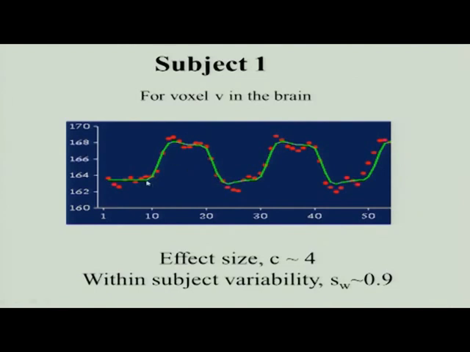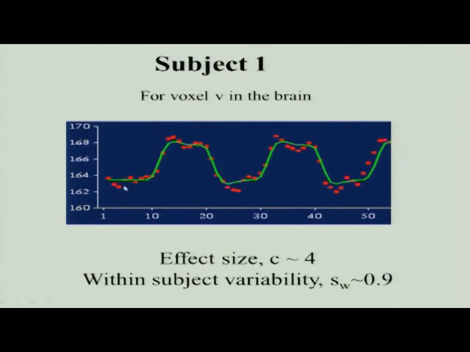We put all those effects together and you end up with this number, which is the within subject variability. Just looking at this particular subject, crudely you can think of that as the quality of fit of the linear model. If you look at the differences between the actual data points and the model predictions, that would be an error at this time point, an error at the next time point.